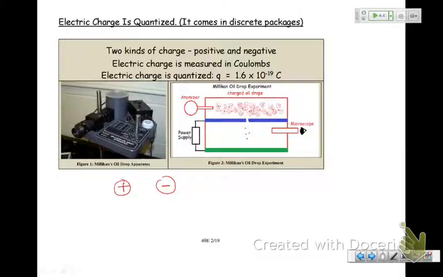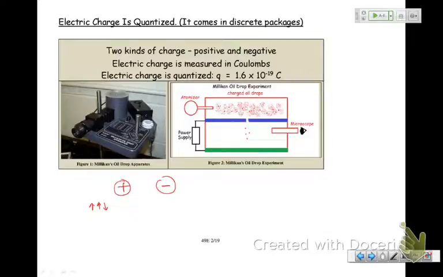What we now know is a positive charge is basically a proton, and it's basically 2 up quarks and 1 down quark. And an electron is a lepton. It's a fundamental particle in its own right. So quite why they have exactly the same amount of charge is just amazing.